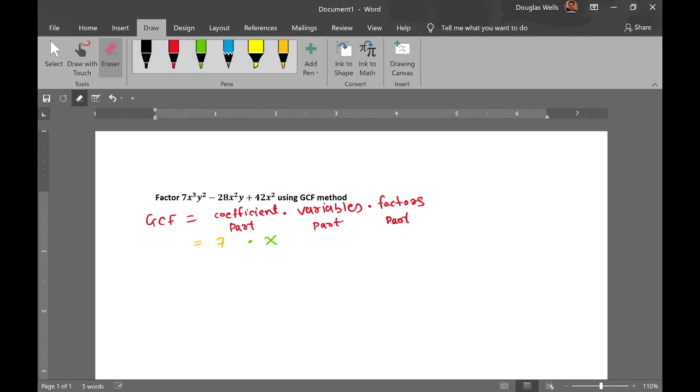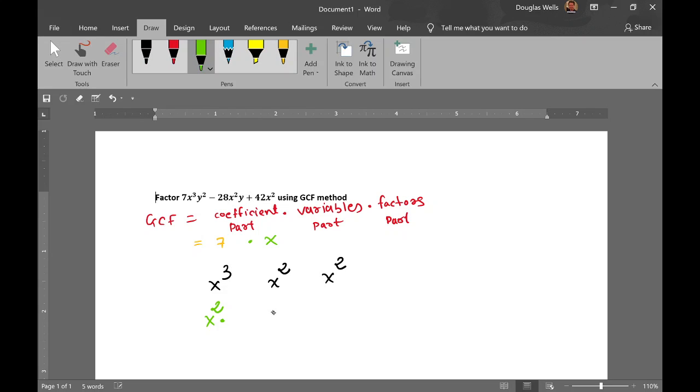So let's write it: x to the cube, x to the square, and x square. In these three terms the variable x is common, but what exponent is common in all three? That exponent is x to the square.